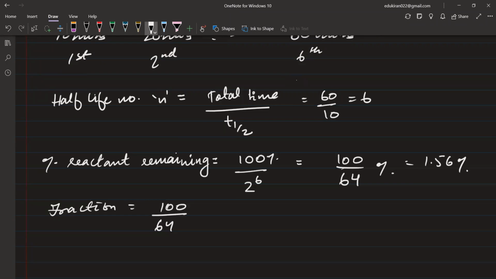But in fractions, this was in percentage, so divide this percentage by 100 and you will get the fraction. That means you will get 1 upon 64. This is the fraction that will be left.